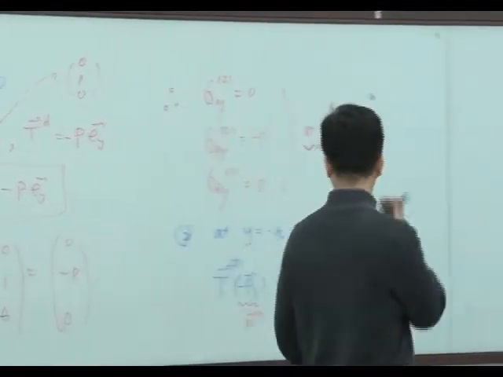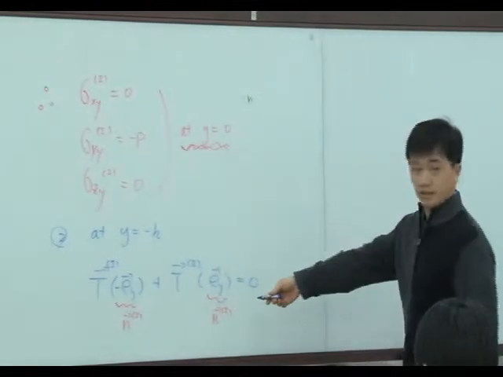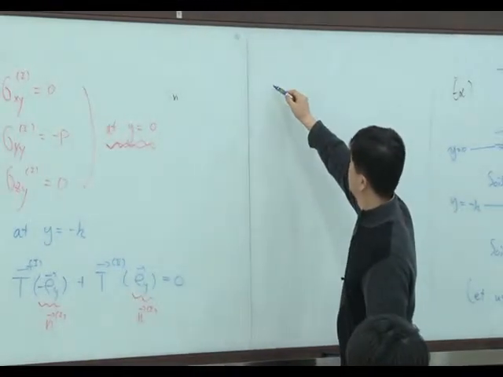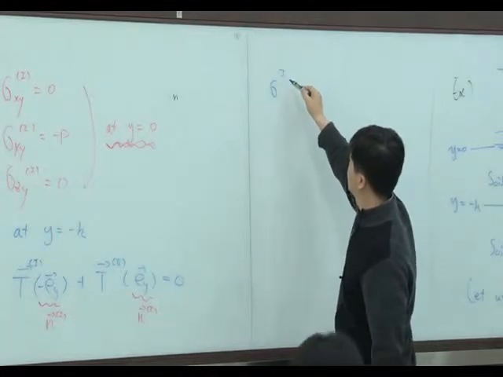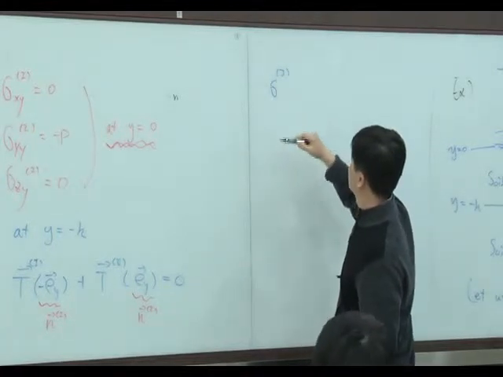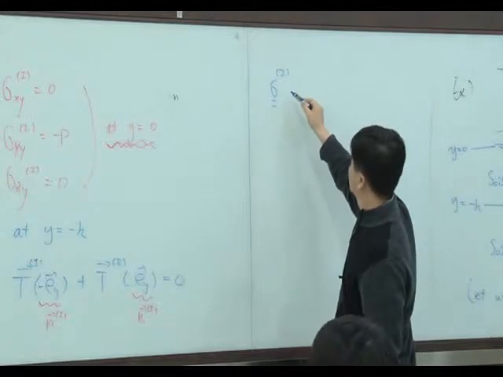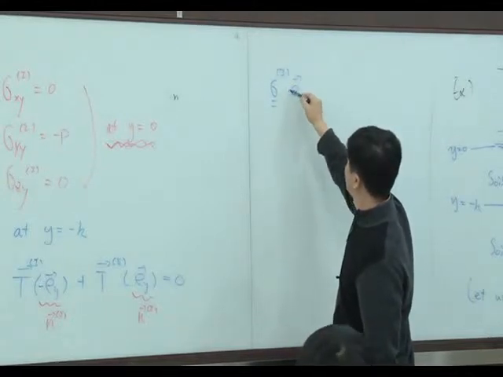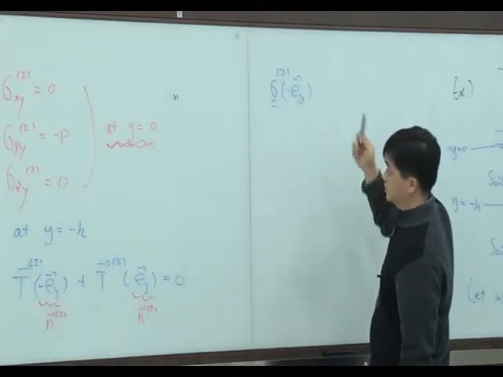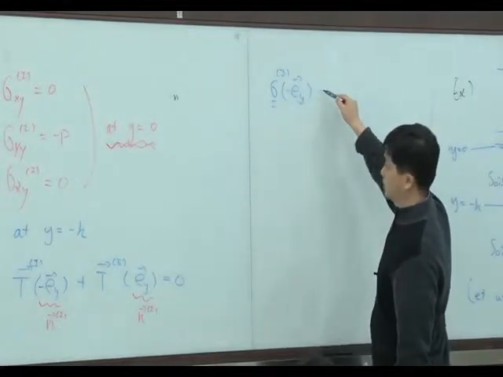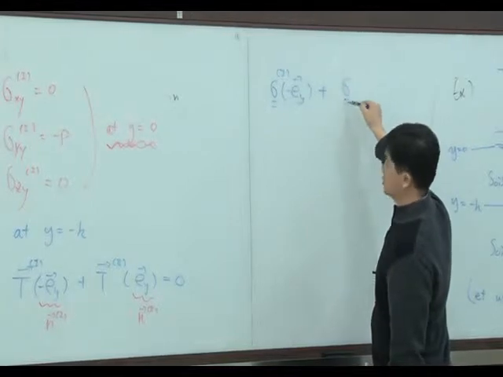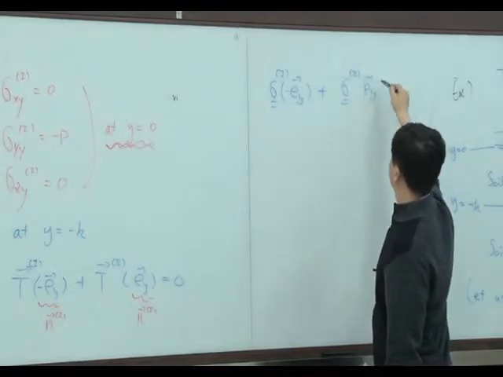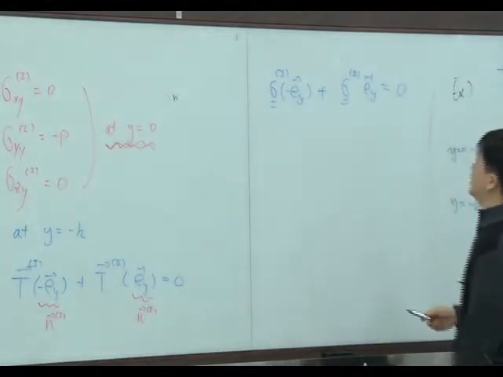So, what happened in this equation? This equation means stress 1 multiplied by minus ey plus stress 2 ey equal 0, right?